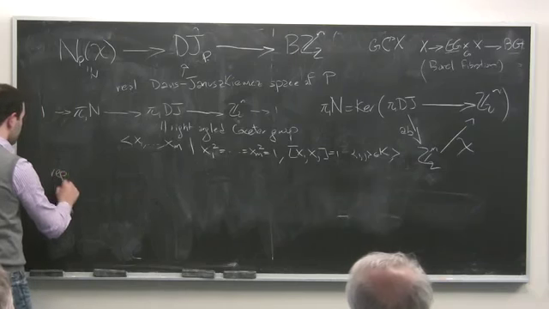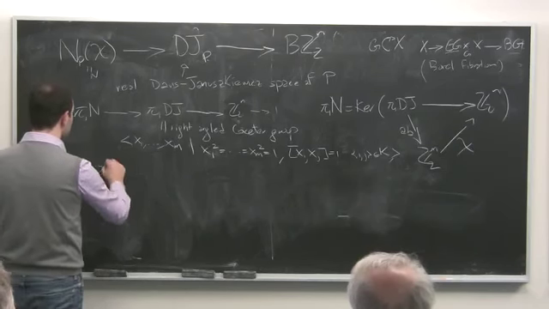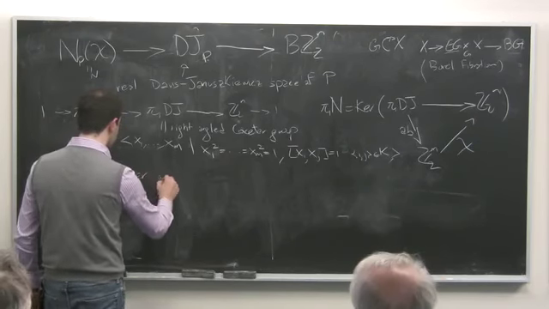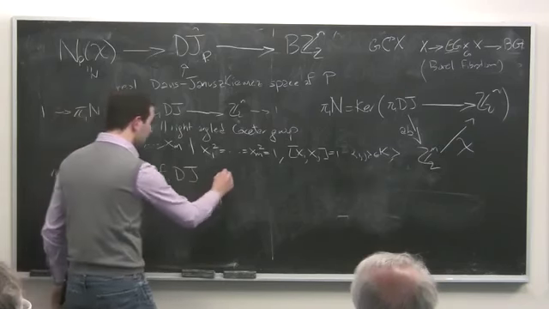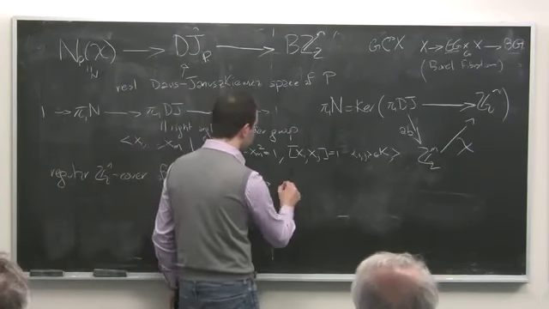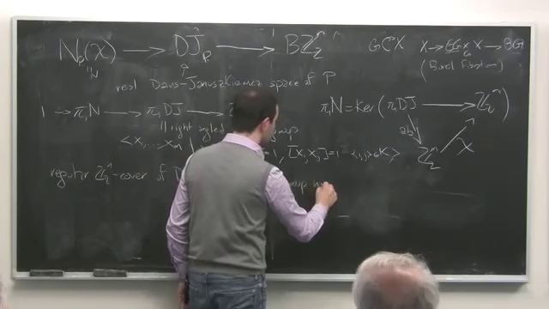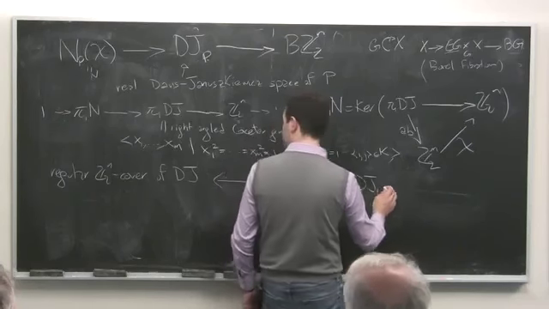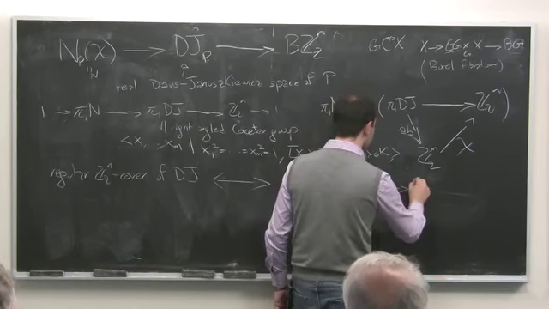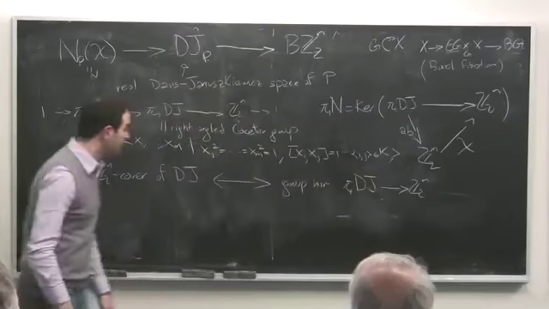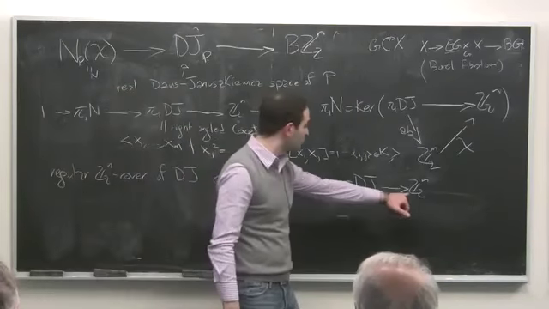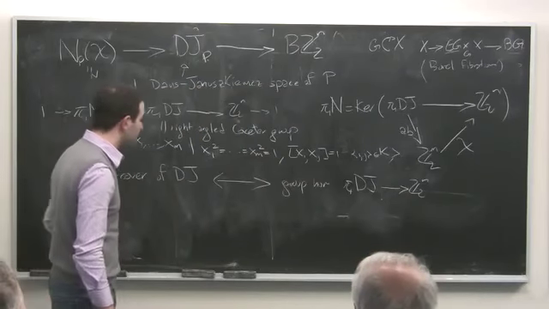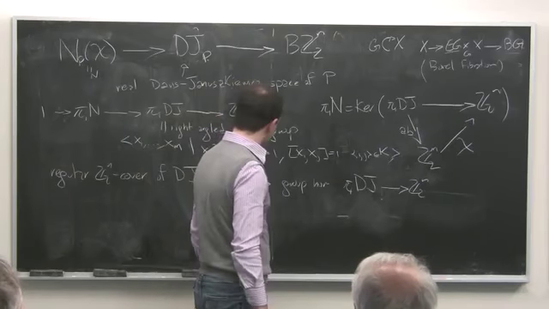A regular Z2 to the n cover, an abelian cover of DJ, is in one-to-one correspondence with a group homomorphism from the fundamental group of the space onto Z2 to the n, with that group acting.